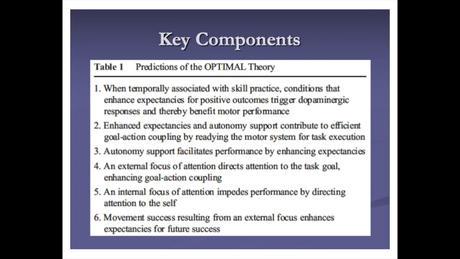An internal focus of attention impedes your performance by directing your attention to the self and therefore away from the goal. Movement success resulting from an external focus then improves your expectations that you're going to be doing well. So you see positive performance and therefore improves your expectancy that you're going to be successful in motor learning.